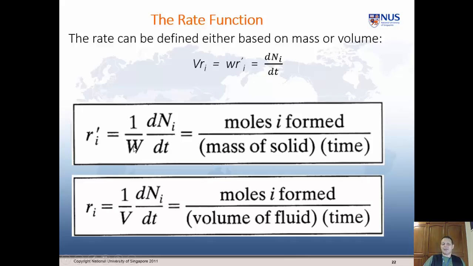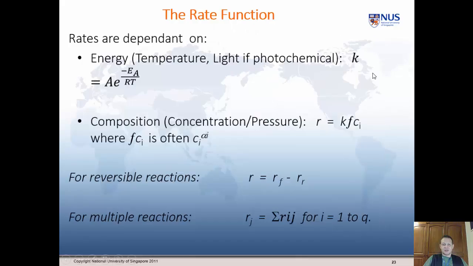So W is actually mass, or V is volume. So the relationship between either R-I, which is the mass function, or Ri, which is the volume function, is actually like that. Okay, I'm just going to carry on.